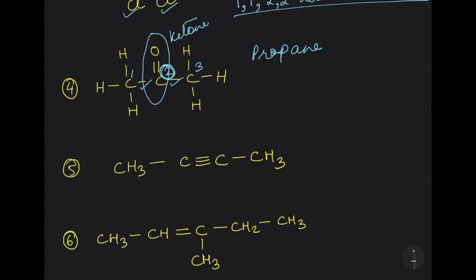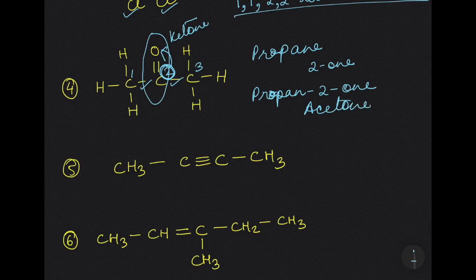To which carbon? Second. Okay, so what is your suffix? It will become 2-one. So what is your IUPAC name? Propan-2-one, or it is also known as acetone. Okay, this is the IUPAC name.